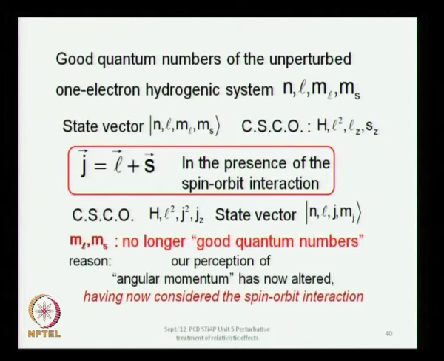The primary reason for this is the coupling between the orbital and the spin angular momentum, and what this coupling does is it changes our very notion of what angular momentum is.